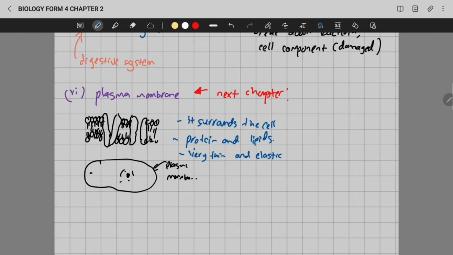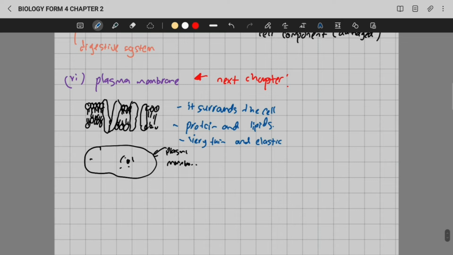As you already know, animal cells are not fixed in shape. Their shape is not fixed because the plasma membrane is elastic. Although the shape is not fixed, they do not break because of the elasticity of the plasma membrane.